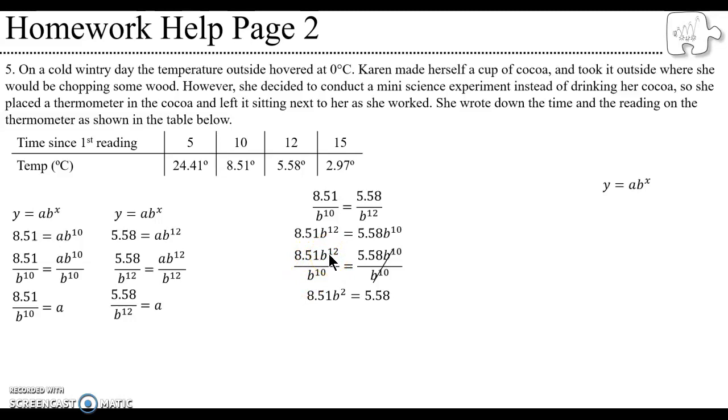You subtract the exponent of the denominator from the exponent of the numerator: 12 minus 10, which gives you 2. So now 8.51b squared equals 5.58. And now we just have to divide by 8.51 on both sides, so that these guys cancel out.